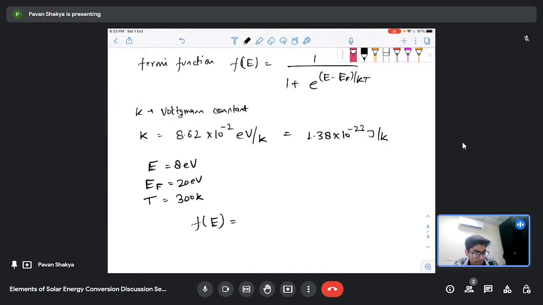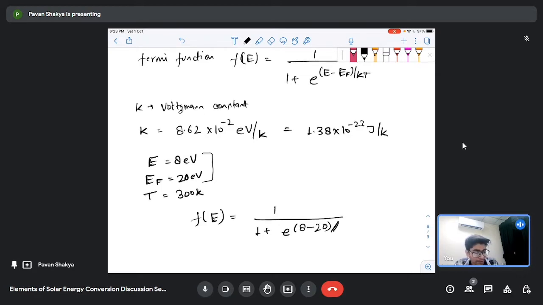So this Fe will be 1 divided by 1 plus e to the power of (8 electron volt, that is E, subtracted by EF, that is 20 electron volt) divided by kT. Now you can see that E and EF are in electron volt, so we should write the value of k in terms of electron volt per Kelvin.